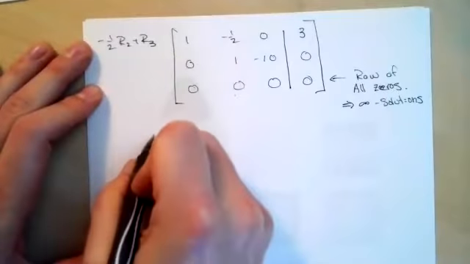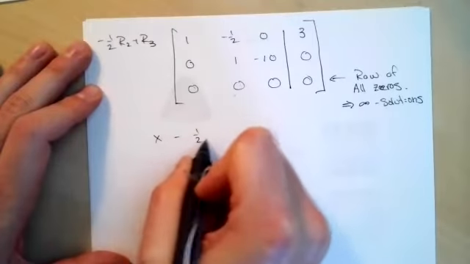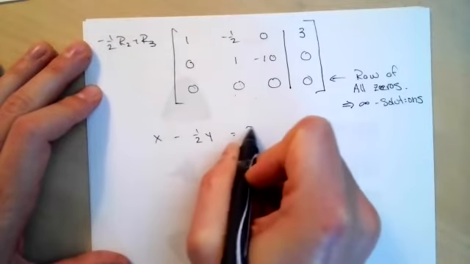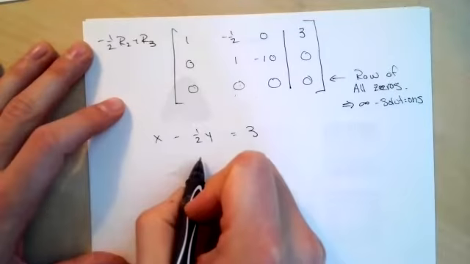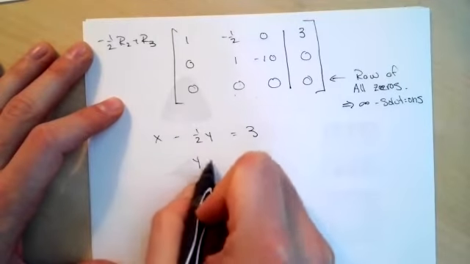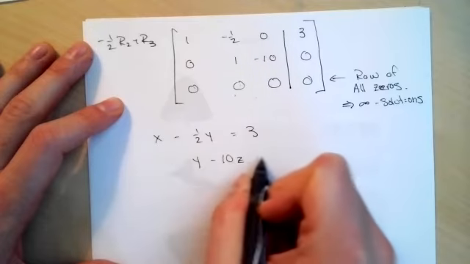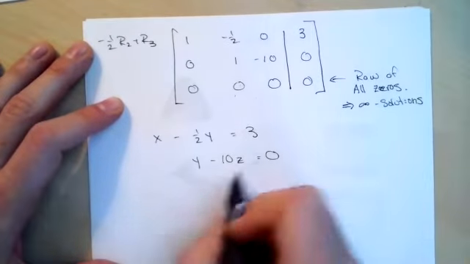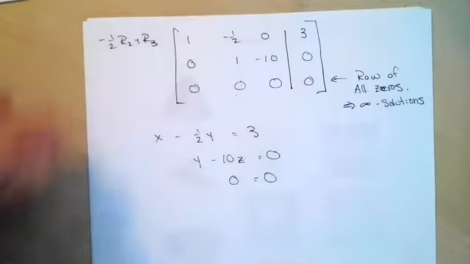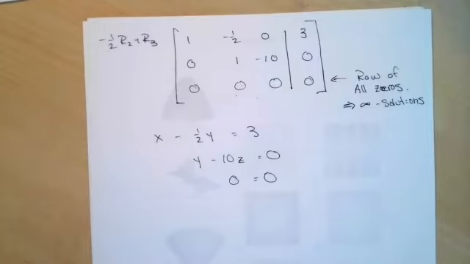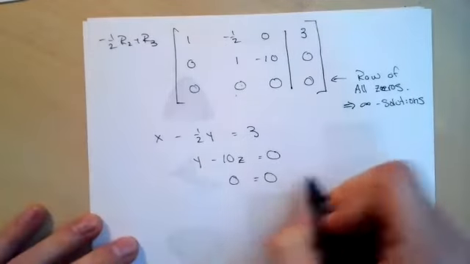If we rewrite our equations, we have x minus 1/2 y equals 3, y minus 10z equals 0, and then that last equation just says 0 equals 0, which is perfectly fine. It's a valid statement.